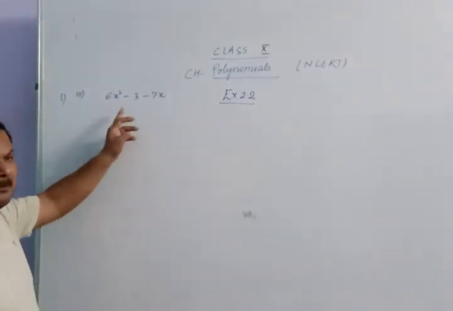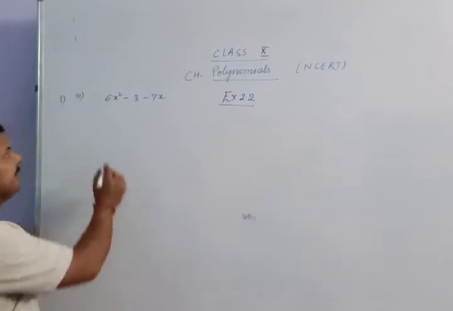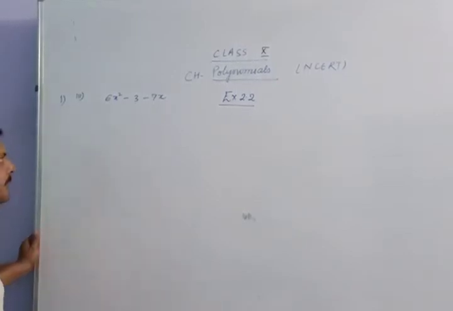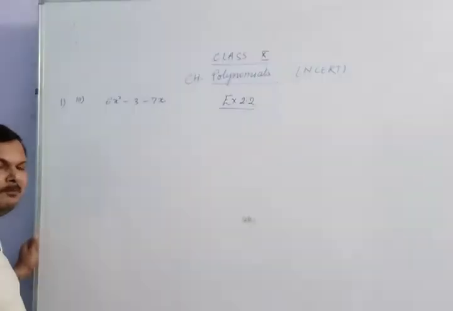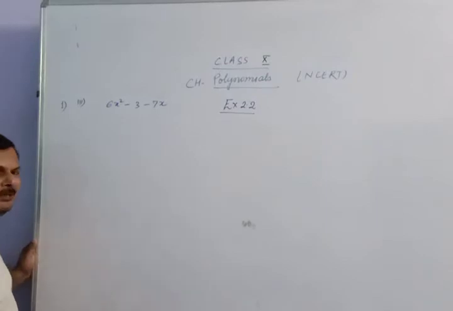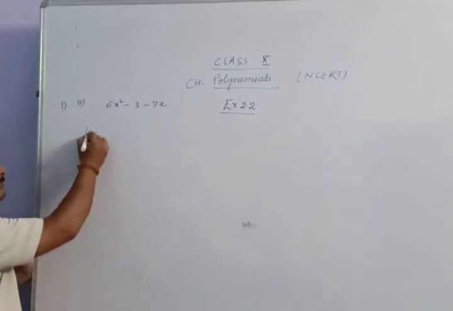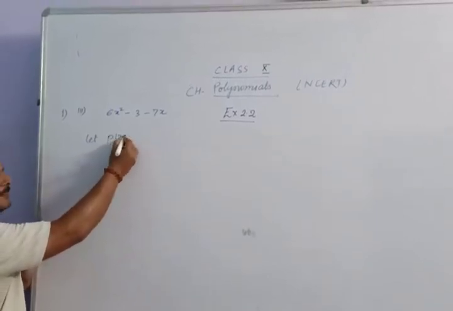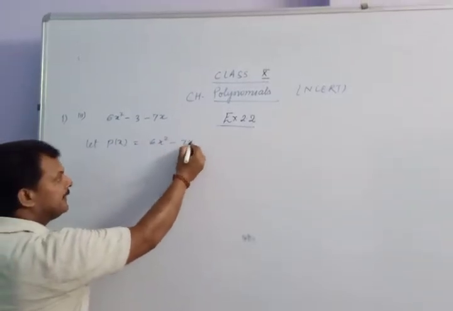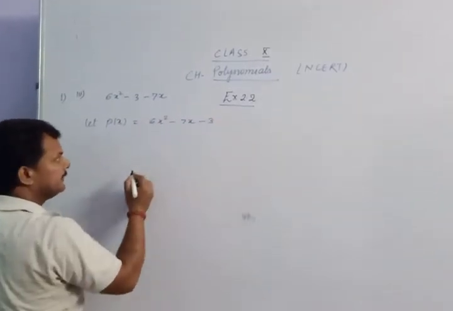You observe the third part of the first question is given: 6x square minus 3 minus 7x. So in general form you know ax square plus bx plus c. In that order you have to arrange and name the polynomial. Let px is equal to 6x square, then the x term minus 7x, then the constant.